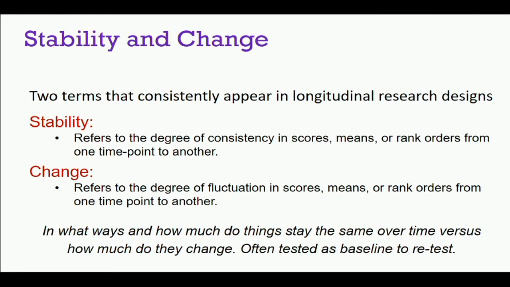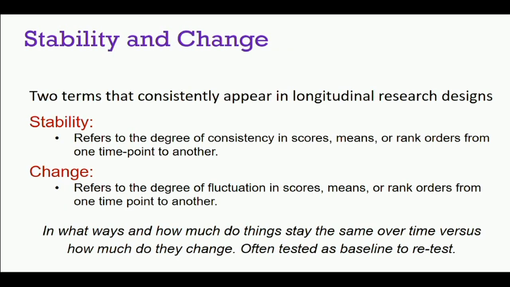You can't establish stability unless you've got reliability. So it's an important prerequisite. And if you've got change, you need to be sure that it's genuine change in the construct and not inaccurate measurement of your test. So they're important prerequisites for doing any of these panel designs.